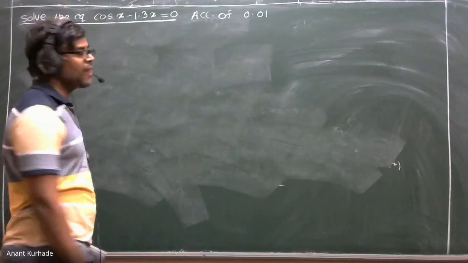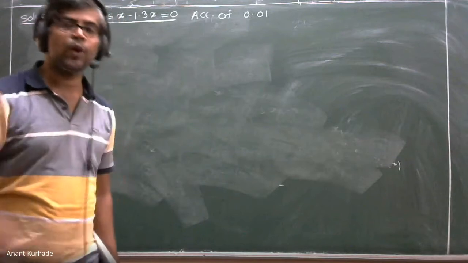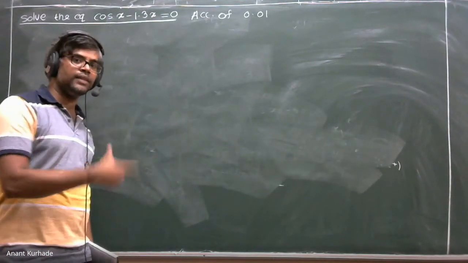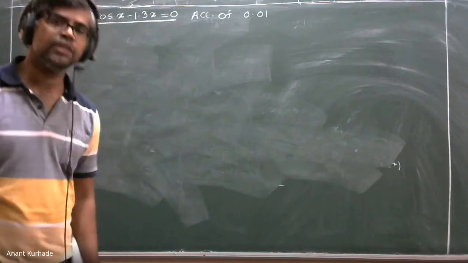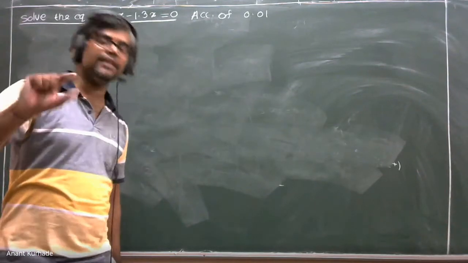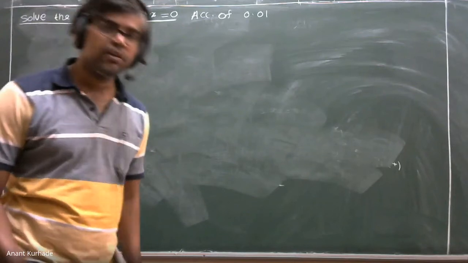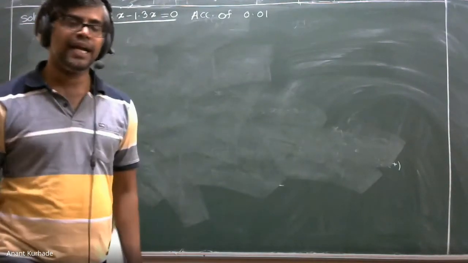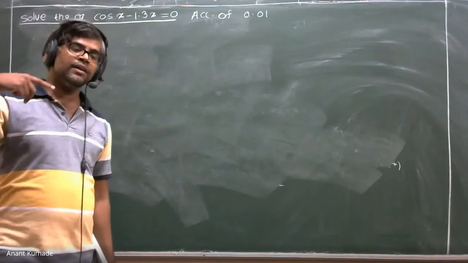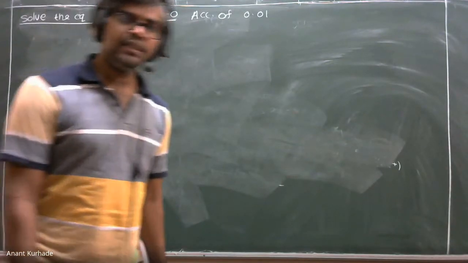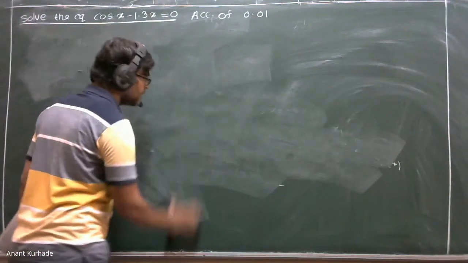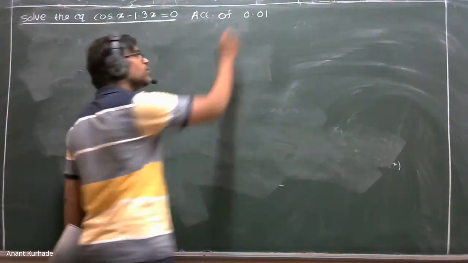Now see, we have two types of problem. One is based on iterations, where the problem statement clearly mentions 6 iterations or 7 iterations. If the number of iterations is not mentioned, it is better to do six iterations. And if an accuracy is given, then we don't know the number of iterations; you have to iterate until you get this accuracy.